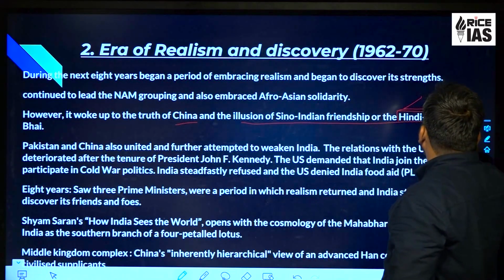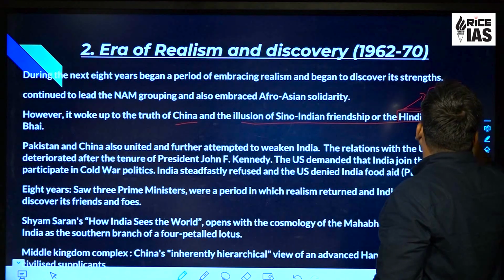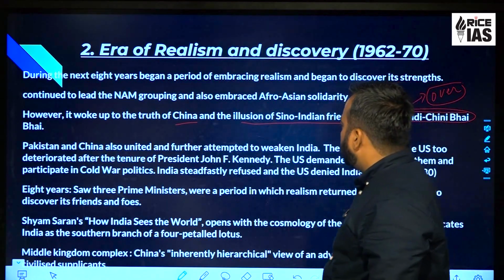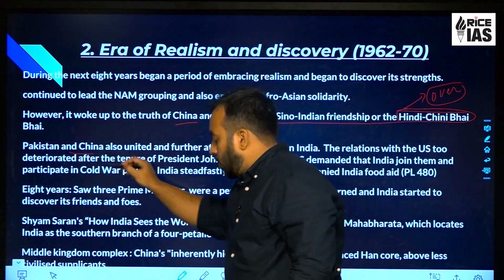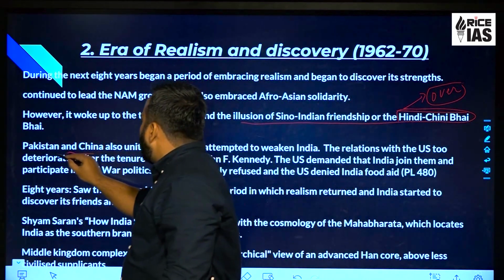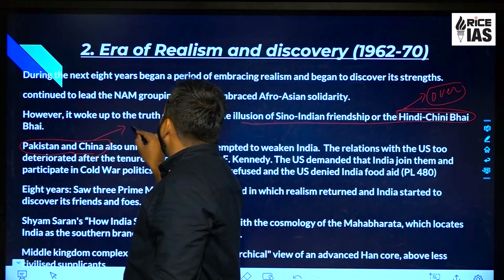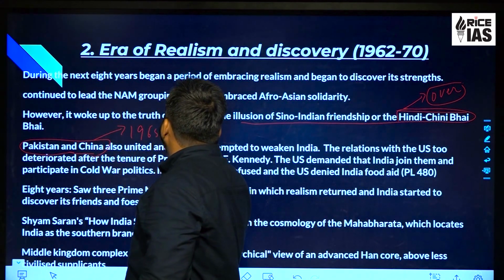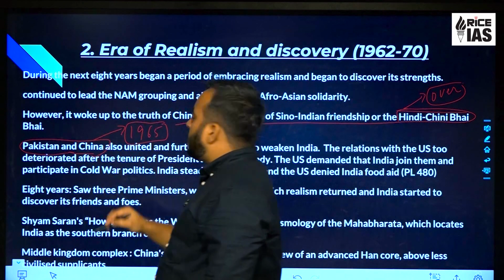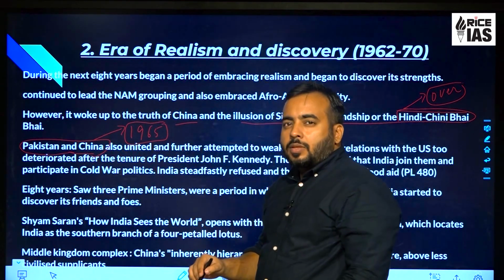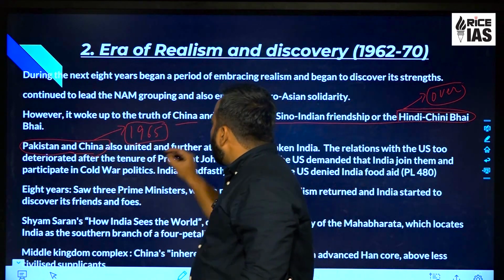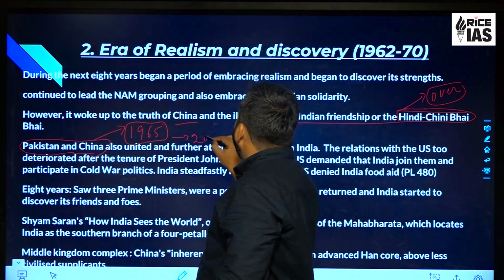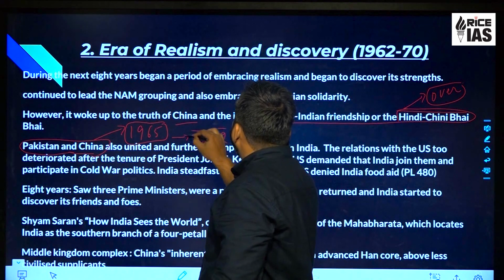Idealism is over. We are done with that. And not only this, Pakistan gathered the guts to attack India in 1965 with the help of China. This is the condition even in 2022. As of today, this is the condition.